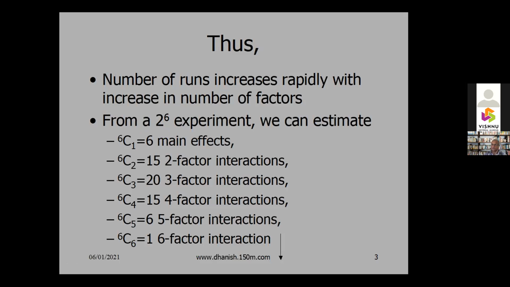So from a 2 raised to 6 experiment, we can estimate 6C1 equal to 6 main effects. So 6 factors are there, so effect of A. So 6 main effects. Then taking 2 at a time from 6 factors, we can take 2 at a time in 6C2 ways. So therefore, 15 2-factor interactions.